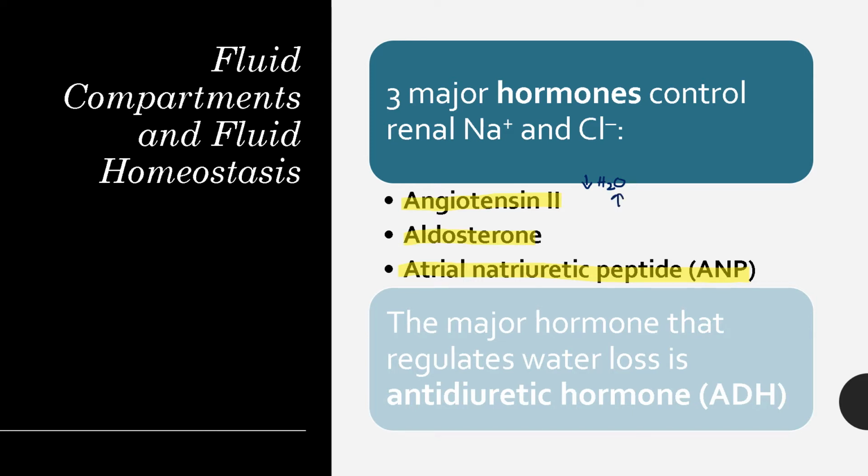So we're going to get an increase in sodium and chloride for both of these. So this is reabsorption, where you're holding on to these ions instead of releasing them into the urine. And as a result, we're also going to be reabsorbing water by osmosis, because remember, water is going to follow these ions.